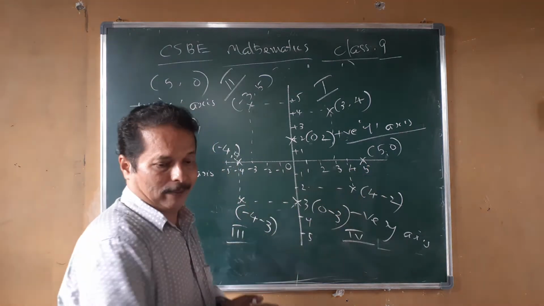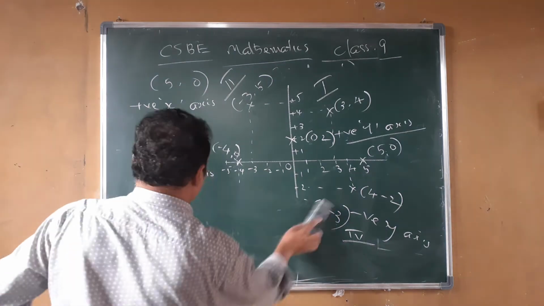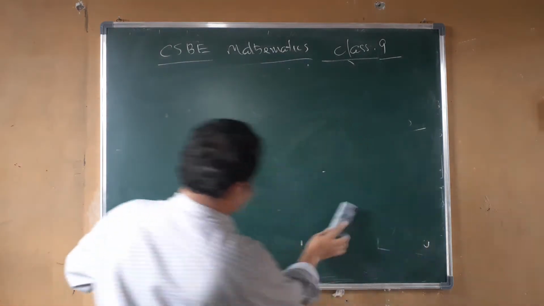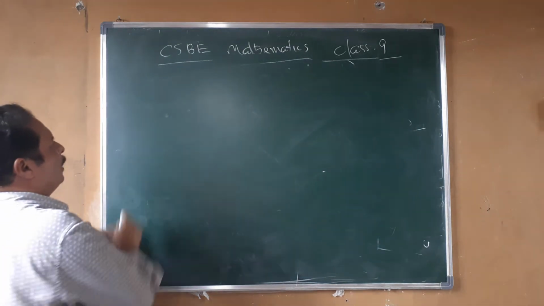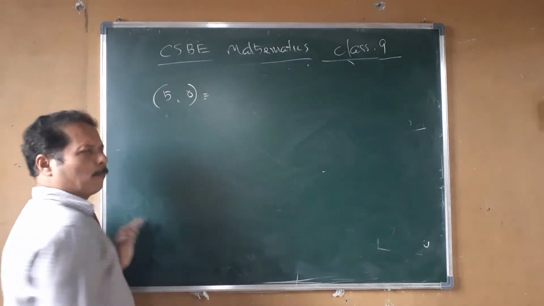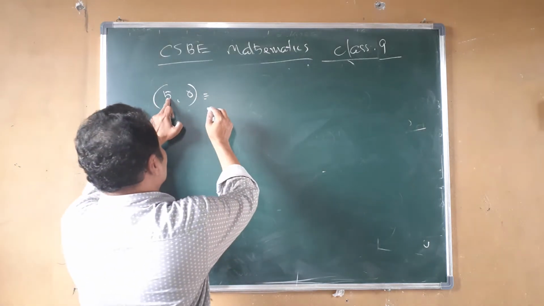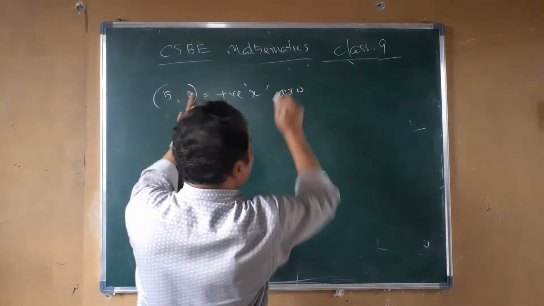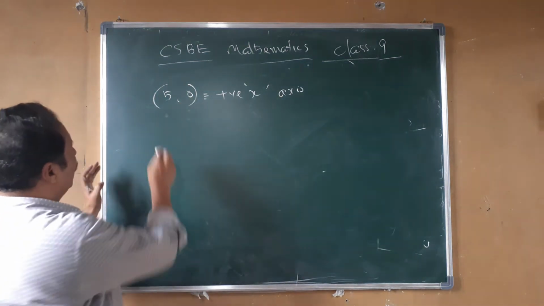So, once again, look at it. 5, 0. What is the position of that? X positive, y equal to 0 is on the positive x-axis. Clear?